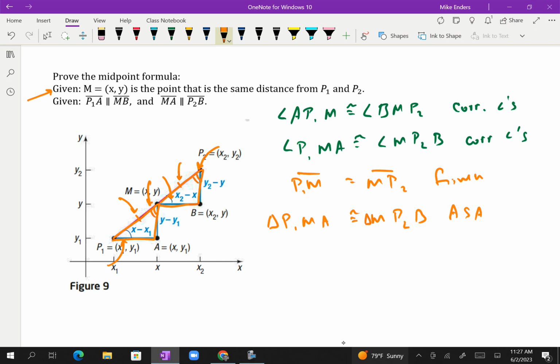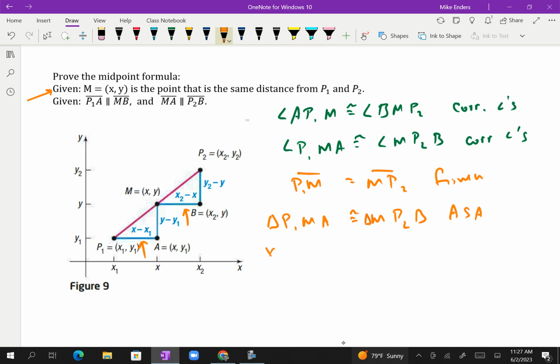So once we have all that, we can come up with some other statements. The other statement we can come up with is that corresponding parts of congruent triangles have to be congruent. So that would tell us that this side and this side, since they're in the same relative positions to each other, have to be congruent.